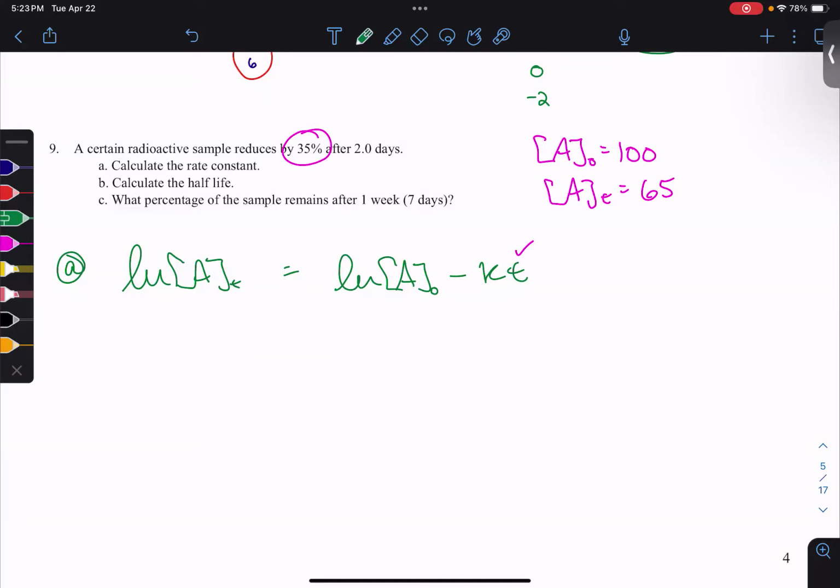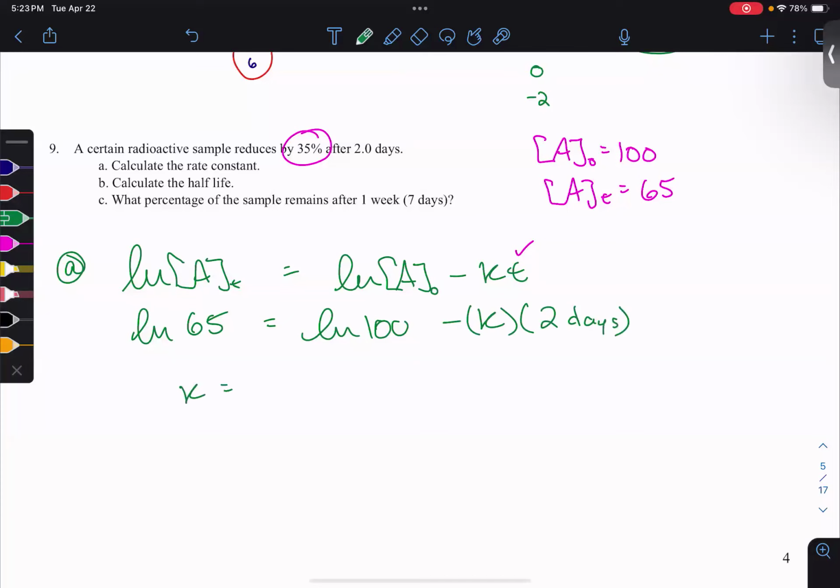So using the integrated rate law, we're going to simply do natural log of 65 equals natural log of 100 minus k, that's what we're solving for. t is 2 days. So when we solve for k, it's going to have the unit of inverse days.